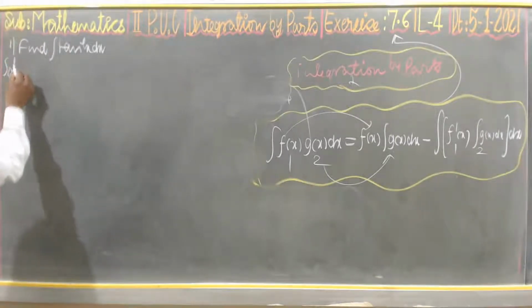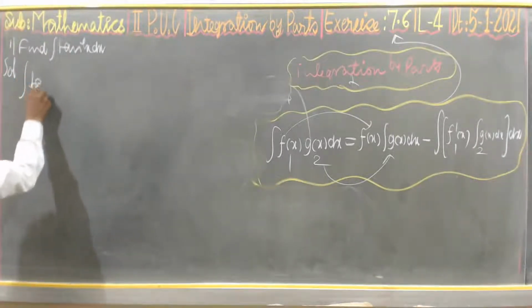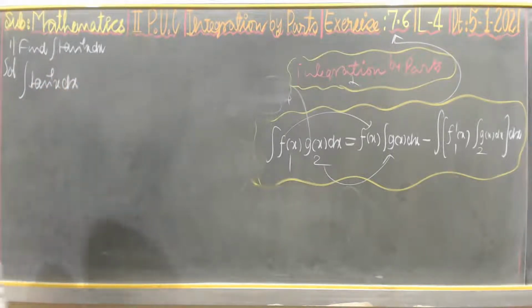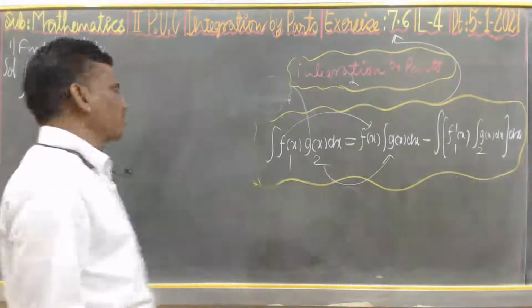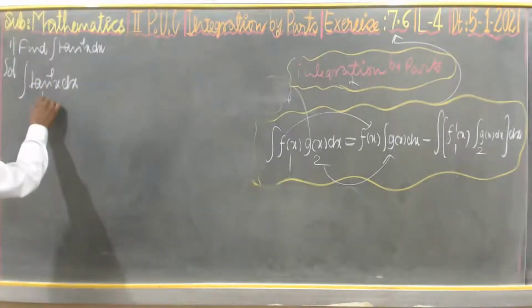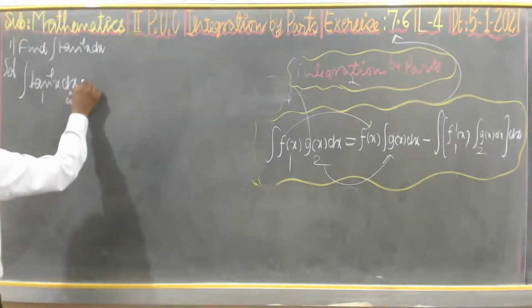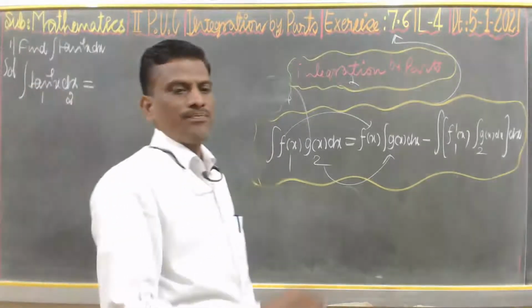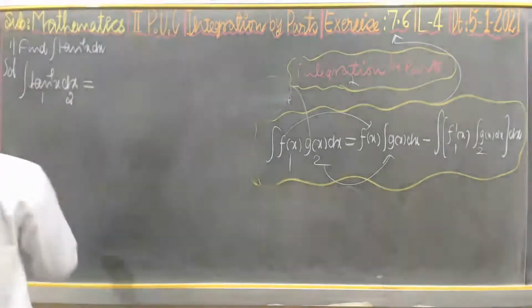See, the example is the integration of tan inverse x dx. It is an inverse trigonometric function. As usual, we can take tan inverse x as the first function and dx as the second function.